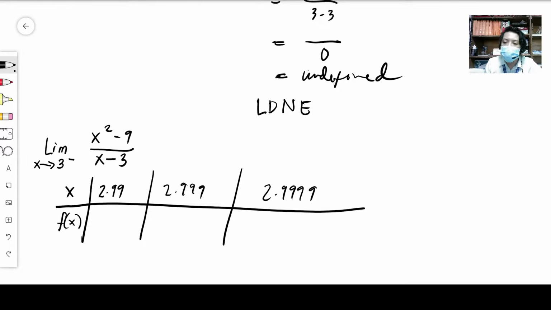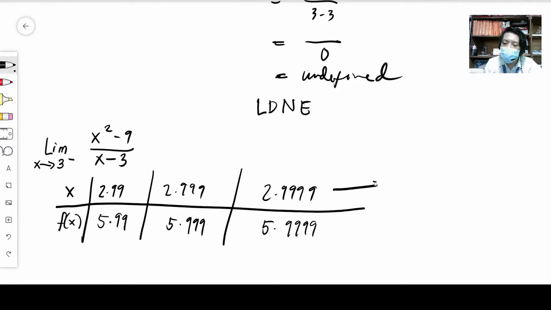Okay, so let me write the equation. So this is x squared minus 9 over x minus 3. I'm using my calculator. So when x is equal to 2.99, the value of your function is 5.99. And this is 5.999. And this is also 5.9999.